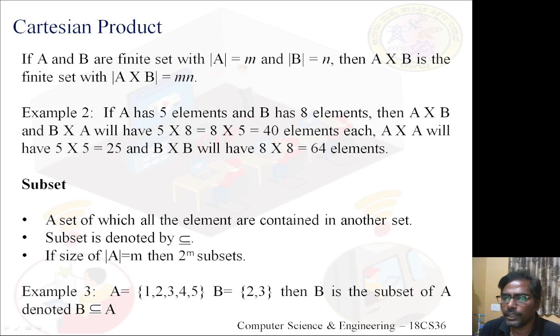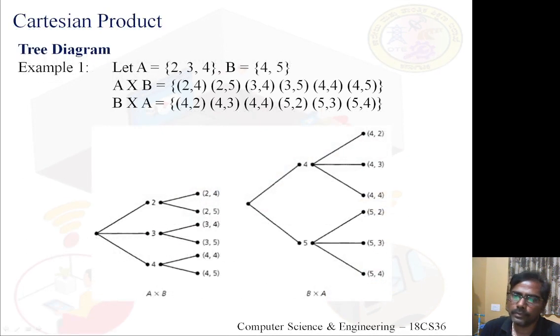Let me justify, looking at a previous slide. In this example, the size of A is 3 because there are 3 elements, and the size of set B is 2 because there are 2 elements. In A cross B, there are 6 ordered pairs, meaning 6 elements.